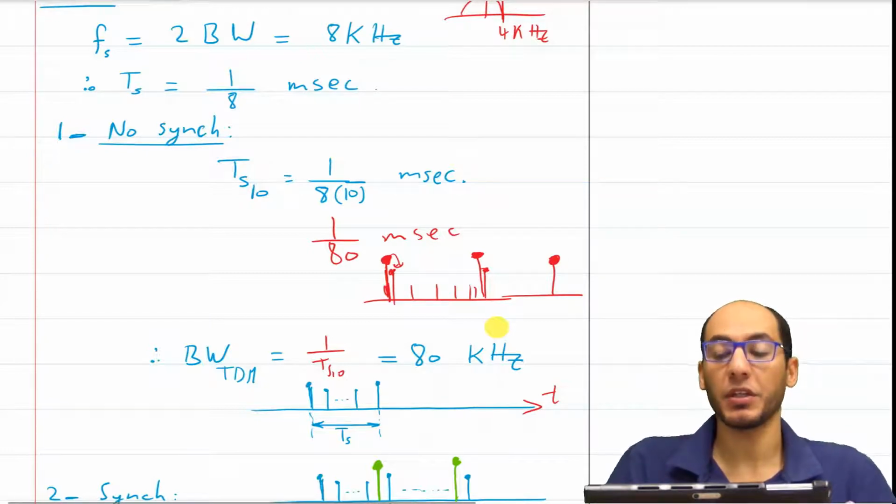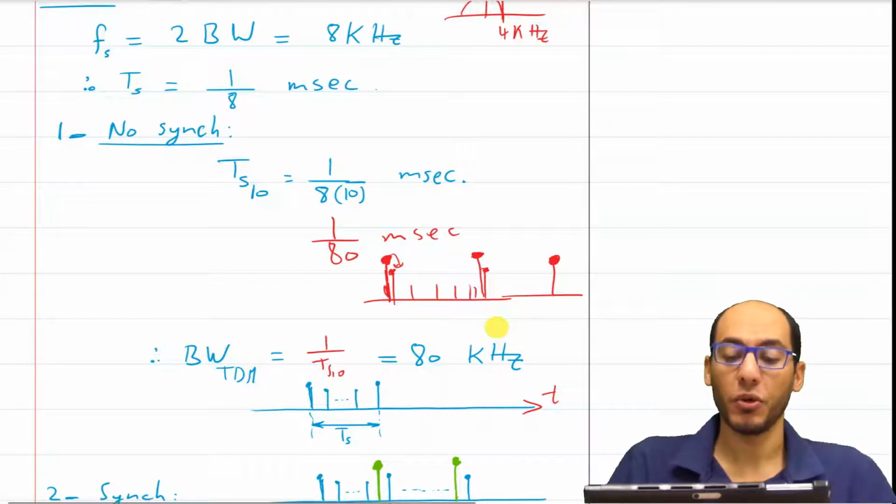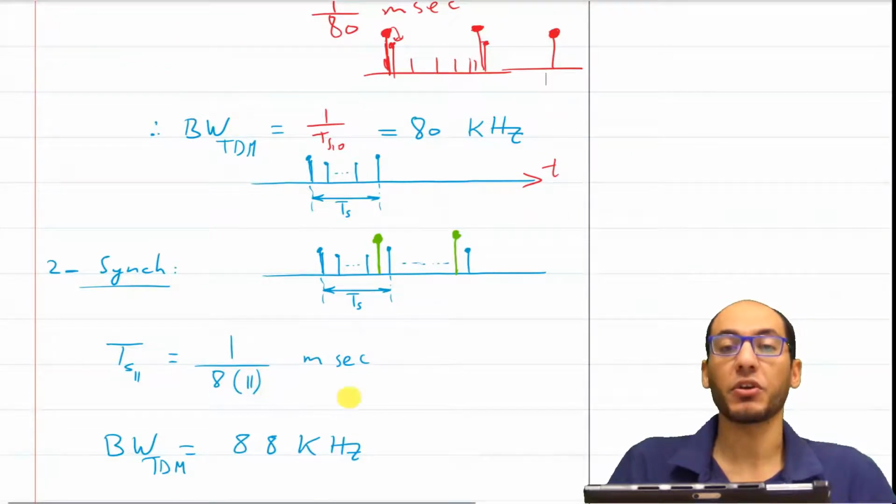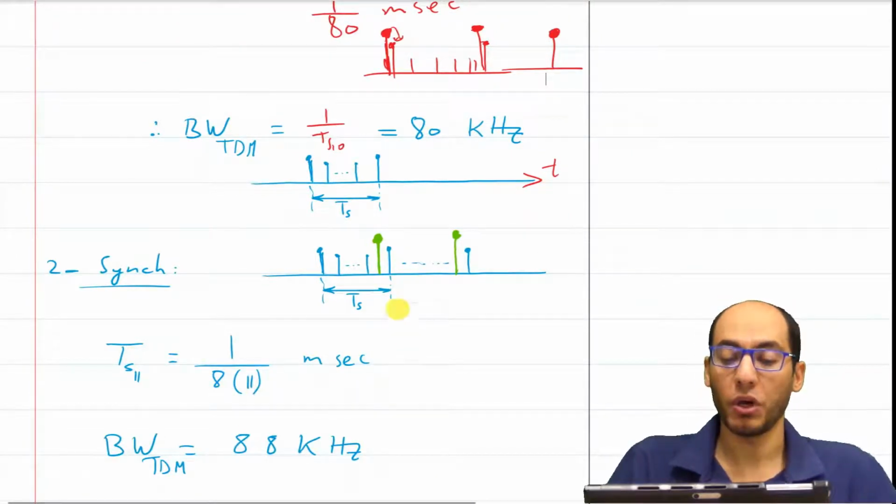This synchronization signal is done for synchronization. But unfortunately, it's going to consume some amount of power as well as some amount of duration. And that's why you need to divide not by 10, you need to divide by 11, because the synchronization signal is considered one of the samples.